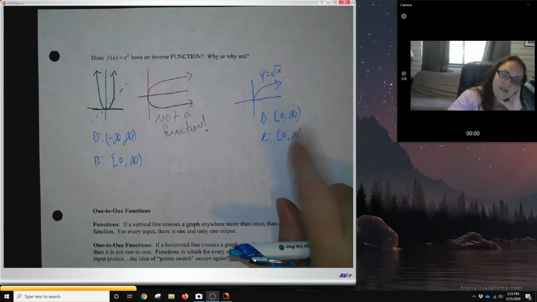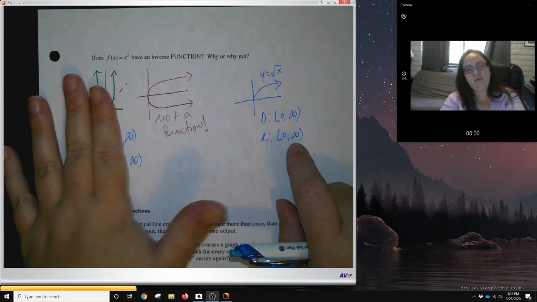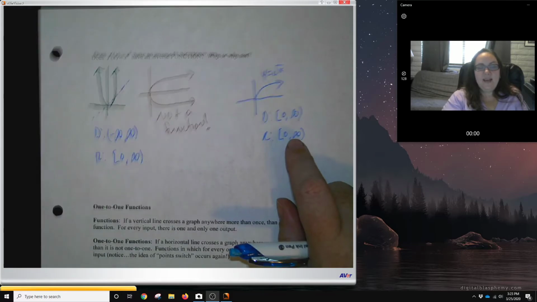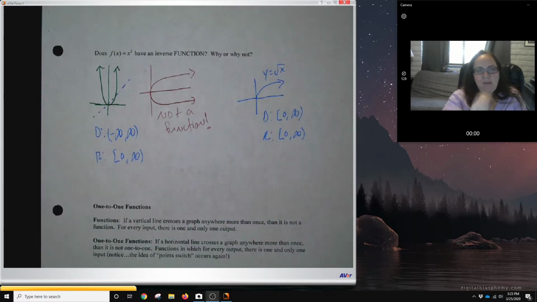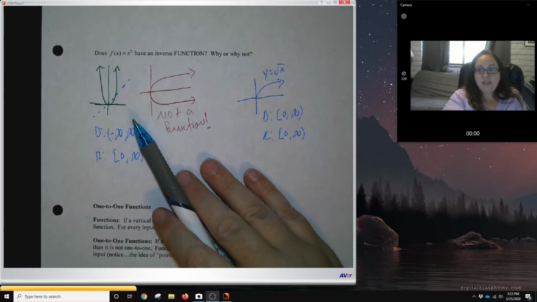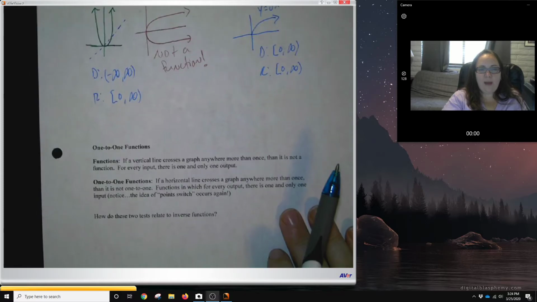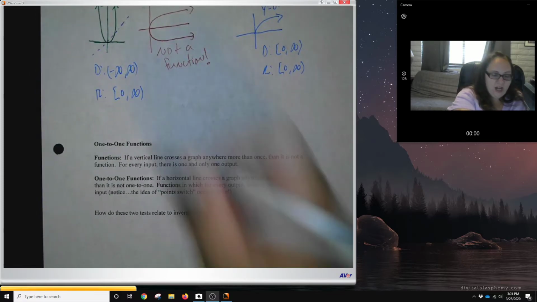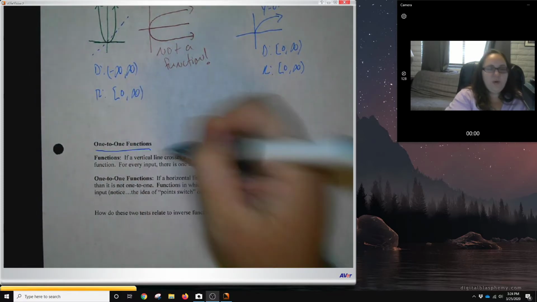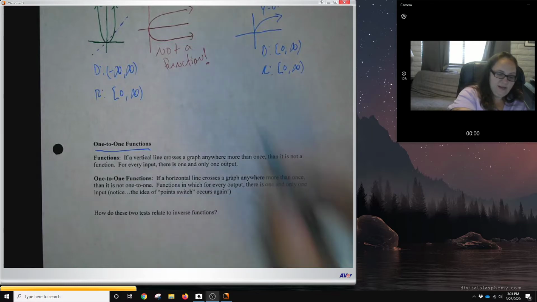So one of the things that we need to keep in mind is that if we have this property where we take a graph and we flip it along y equals x to get its inverse, then that means that the original graph had to have a certain set of properties in order for its inverse to also be a function. So that property is called being one-to-one. So in a one-to-one function, not only are the x's unique, but so are the y's.